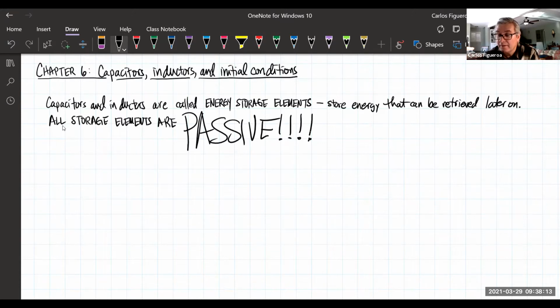And I'm going, no. In order to be an active element, you need an EMF. No capacitor, no inductor has an EMF working inside them to take charge from a low potential energy to a high potential energy. So they are passive elements.